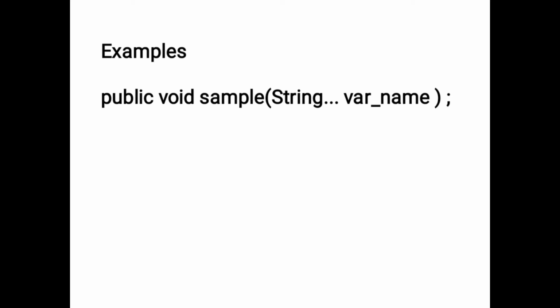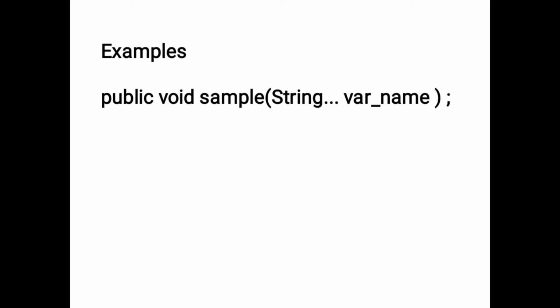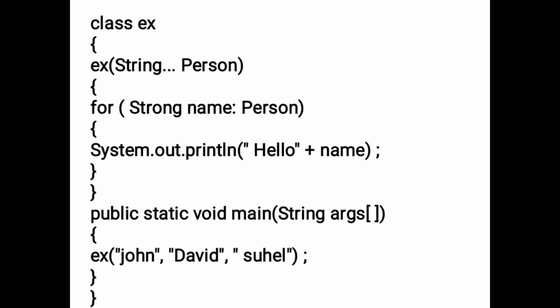This is a shortcut of writing this example. Every time we need not write all the variables. Here just write the type, three dots and the variable name, then a semicolon.